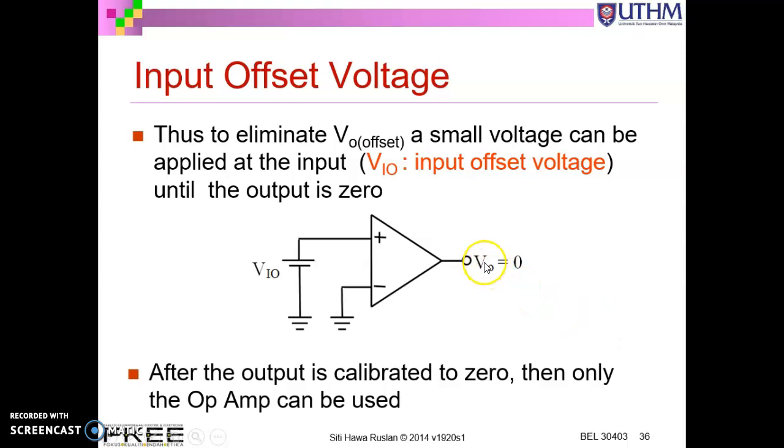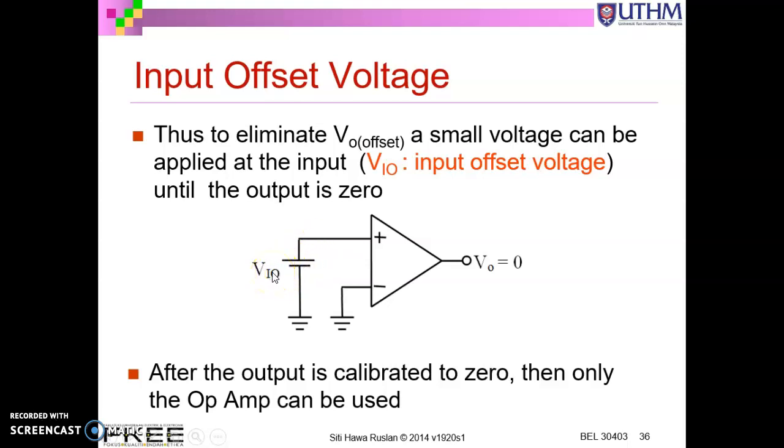This is one way to make sure that the output is 0 before you use your op-amp. The first way is by adding an additional voltage supply at the input. We put a voltage over here and we change its value.